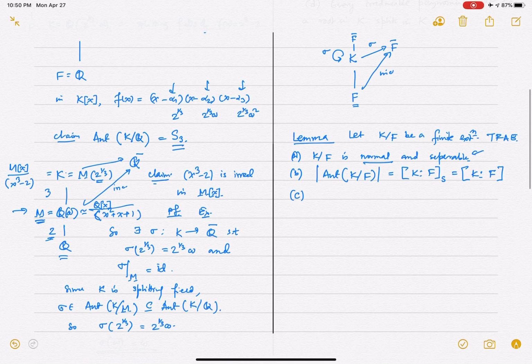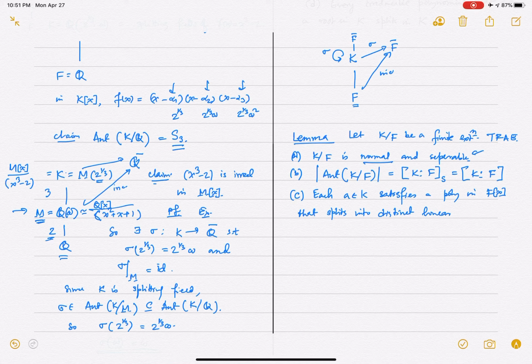And see, each a in k satisfies a polynomial in F[x] that splits into distinct linear factors in the bigger field.